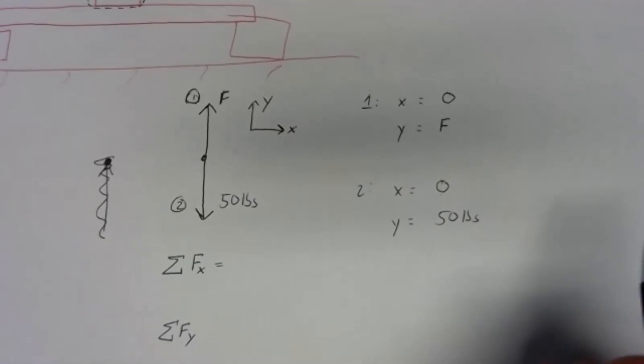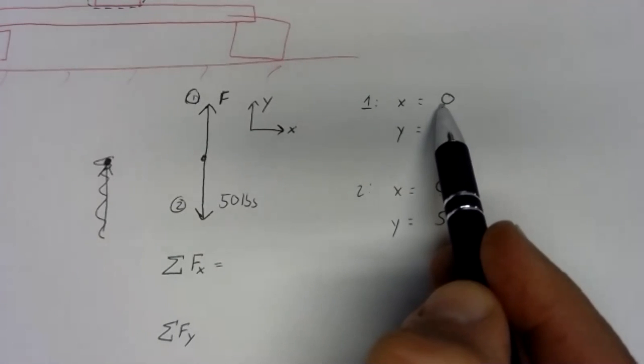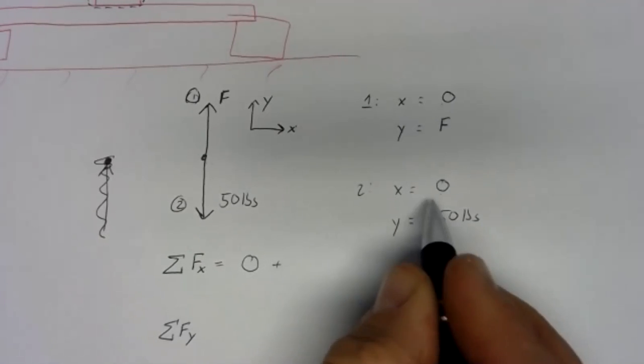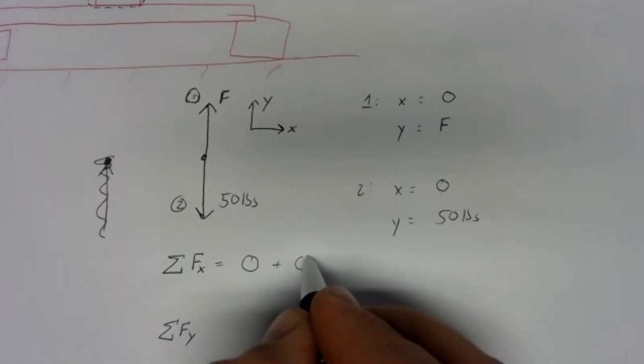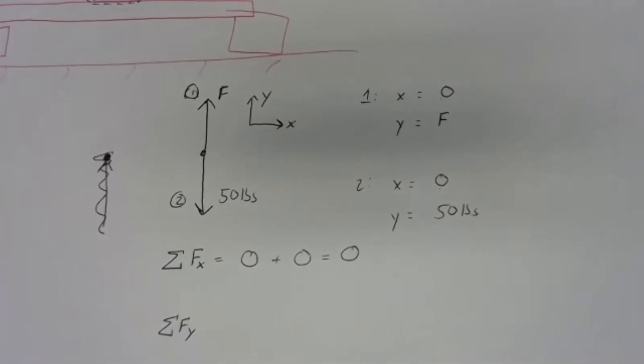Well, if we look at the sum of forces in the x direction, we've got x for vector 1 is 0. So that just goes in as 0. For vector 2, the x component's 0. So we get a whole lot of 0 there as our sum.